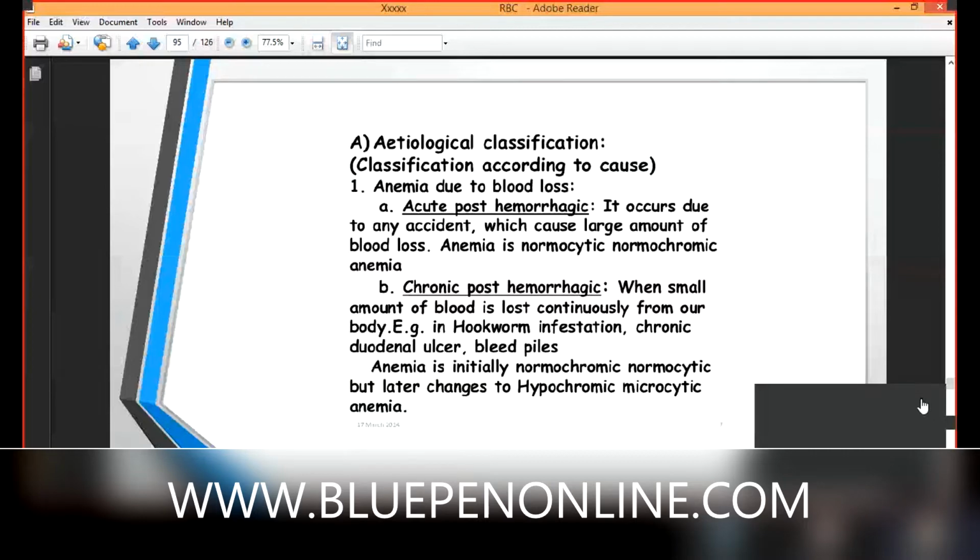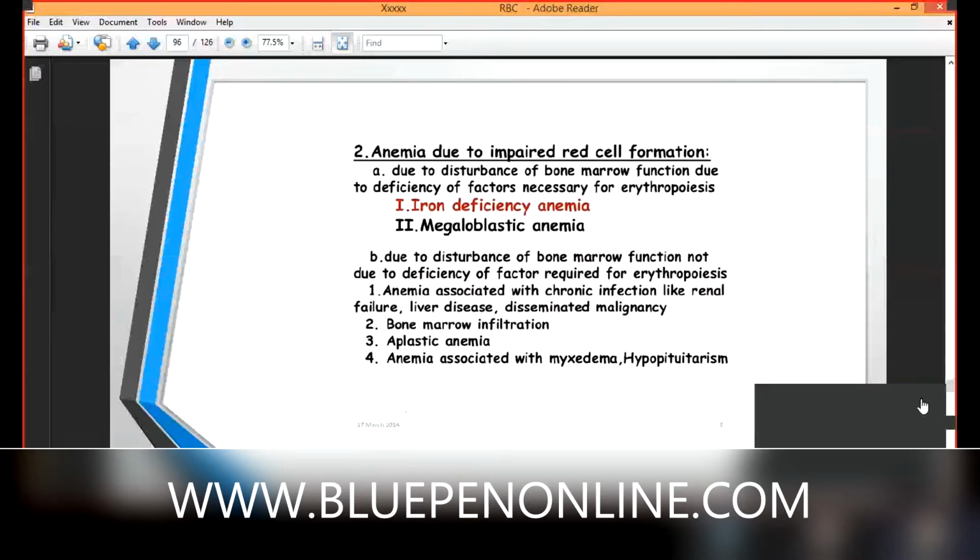The next type is anemia due to defective formation of blood, or impaired red cell formation. These are the nutritional anemias, meaning iron deficiency anemia and megaloblastic anemia, due to disturbance of bone marrow function from deficiency of nutritional factors, so there is less production.